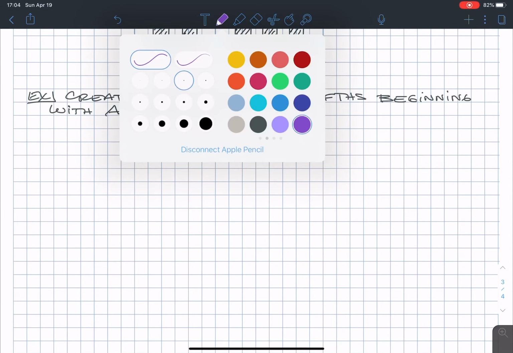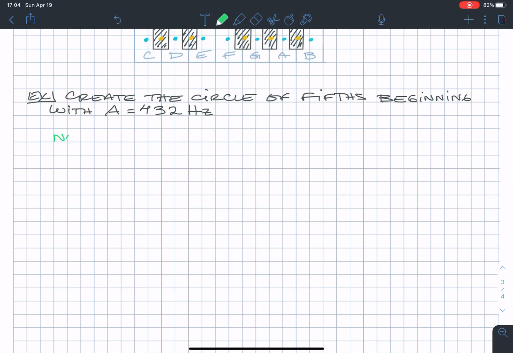Oh, before that, let me note an increase in frequency is a higher note.